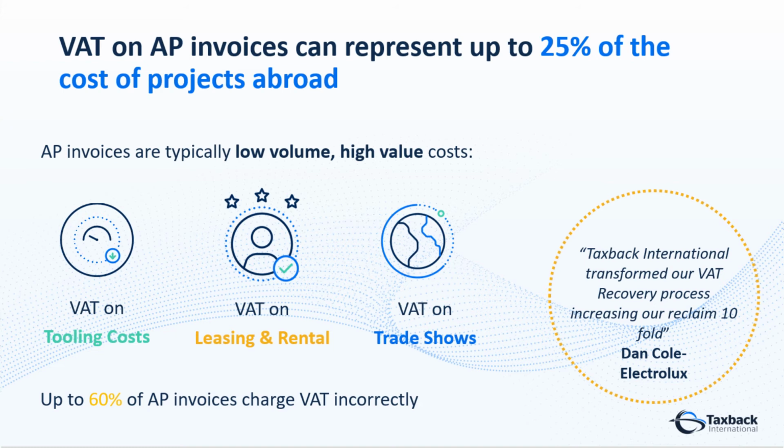So if the above conditions are met, VAT from these supplies should be zero rated, and Taxback International does not have any VAT to reclaim. However, what we see quite frequently is that up to 60% of AP invoices have VAT charged incorrectly.